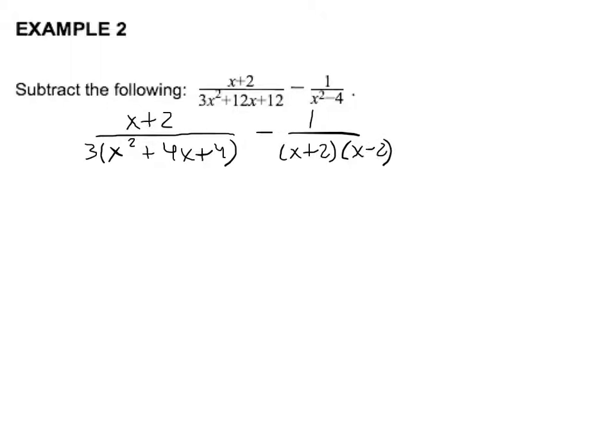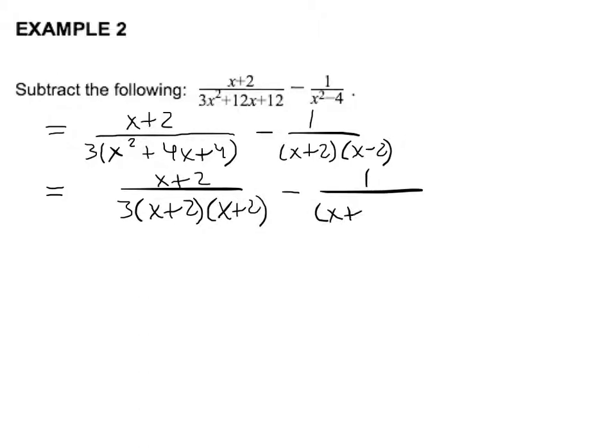Now getting back to this first rational expression here, we can actually factor that further, and that's going to give us x plus 2 over 3 times x plus 2 times x plus 2. And then minus our 1 over x plus 2 times x minus 2.